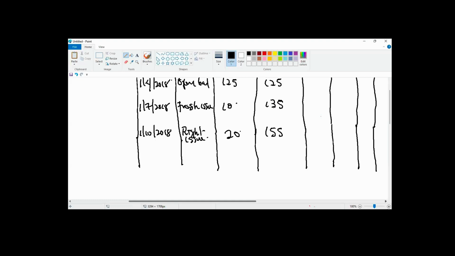That's all. Are you getting what I'm saying? So let's go and get the calculation done now. You will see the total of 155 at the end. That is at company level.